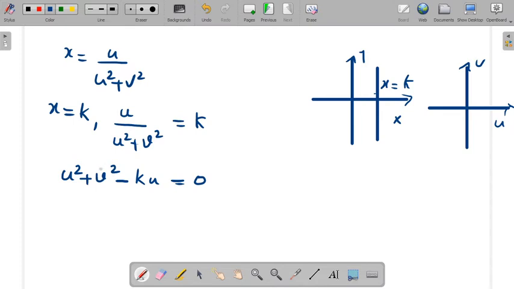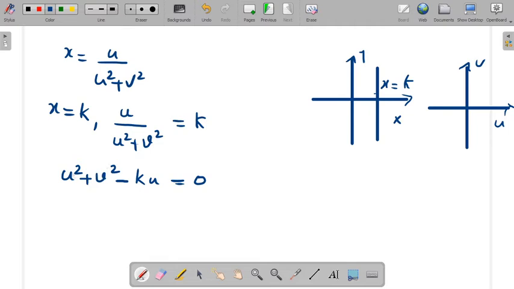If there are two second degree terms, here we have U square and V square, we look at the coefficients of U square and V square. If the coefficients are the same, for example 3U square plus 3V square, here it is 1 and 1, then that will represent a circle. If the coefficients are different, for example 2U square plus 3V square, and of the same sign, it will represent an ellipse. And if the coefficients of the second degree terms are different in sign, that will represent a hyperbola.